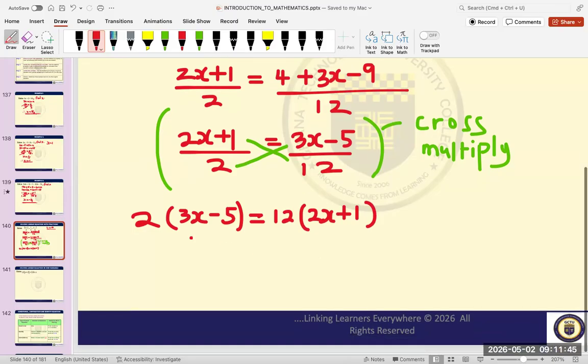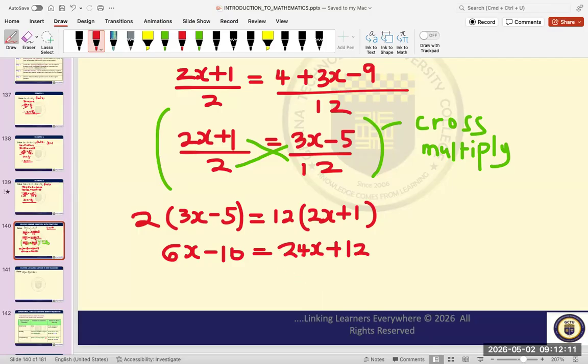And then we can expand. 2 times 3x, we have 6x minus 2 times 5, we have 10 equals 12 times 2x, we have 24x plus 12 times 1, we have 12.